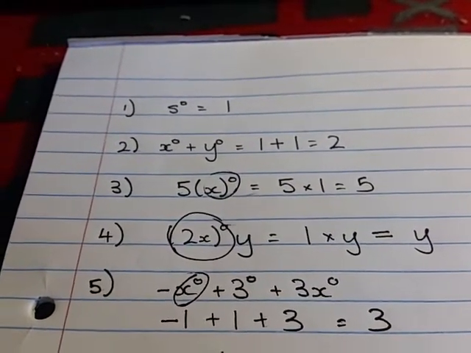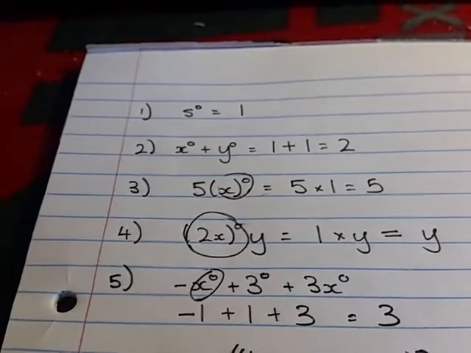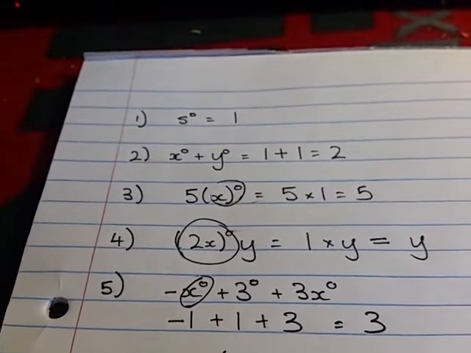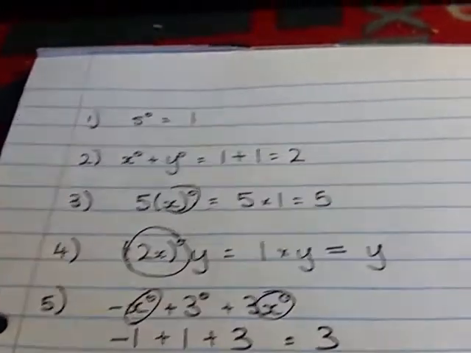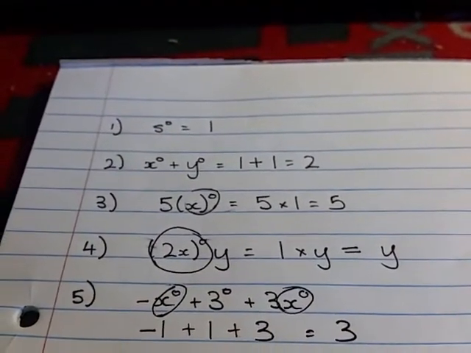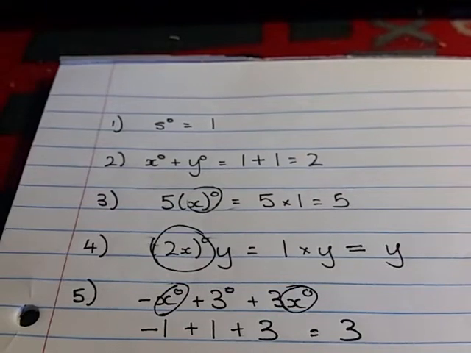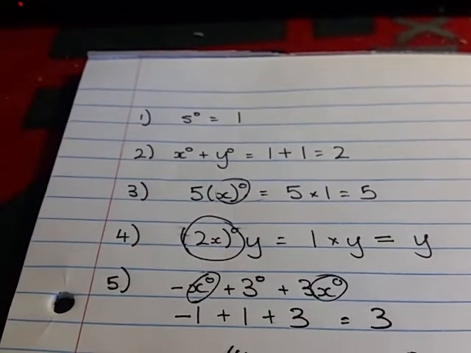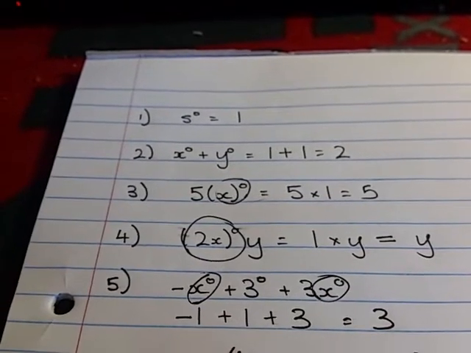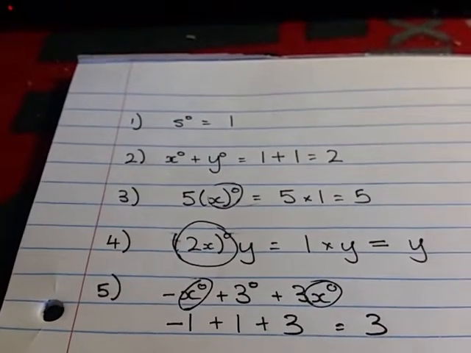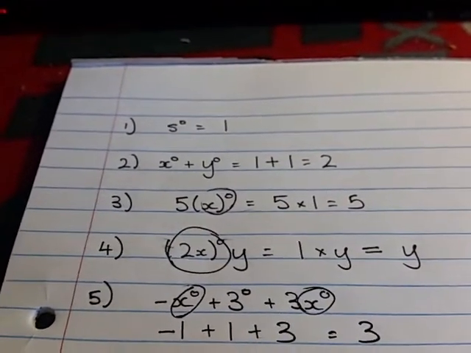The second term, 3 to the 0 gets turned into a 1. And then the 3x to the 0, only this gets turned into a 1. And thus it becomes 3 times 1, which is 3. So you would end up with negative 1 plus 1 plus 3, giving you a final answer of 3.